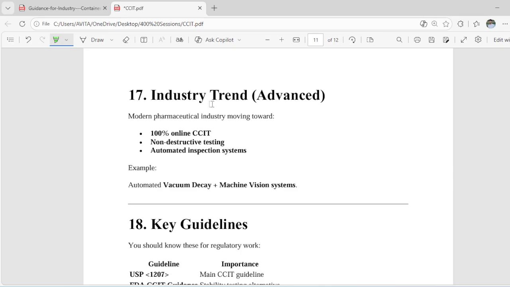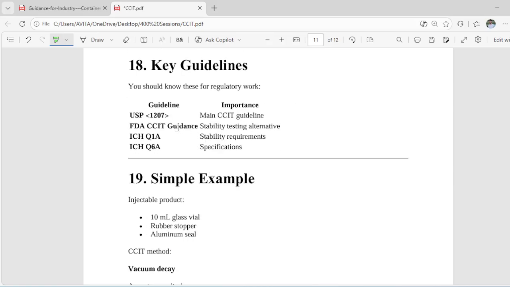Then industry trends: the modern pharmaceutical industry is moving towards 100% online CCIT, non-destructive testing, automated inspection systems, and automated vacuum decay and machine vision systems. Key guidelines, you can remember: 1207 is for the CCIT guideline, FDA CCIT guidance, then ICH Q1A is for stability requirements, and Q6A for the specification.